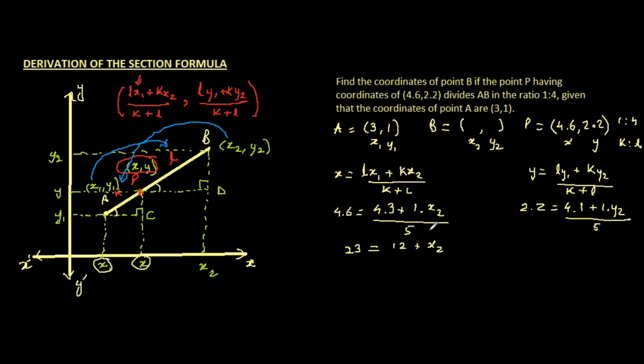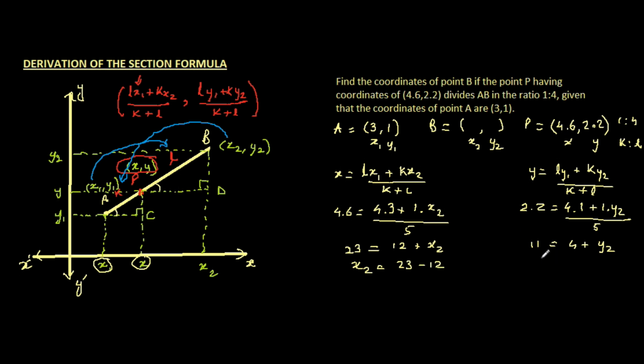And here we get 5 times 2.2 gives me 11. So 11 is equal to 4 times 1 is 4, plus 1 times y2 is y2, and again 5 and 5 get cancelled. So that means we subtract 12 from both sides. So x2 is equal to 23 minus 12, and here we subtract 4 from both sides.